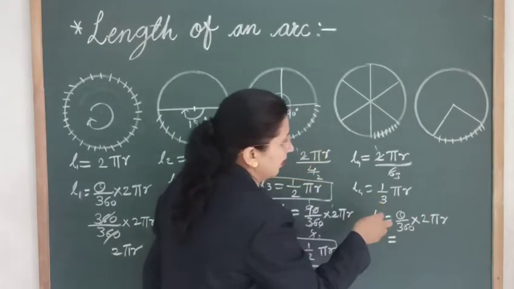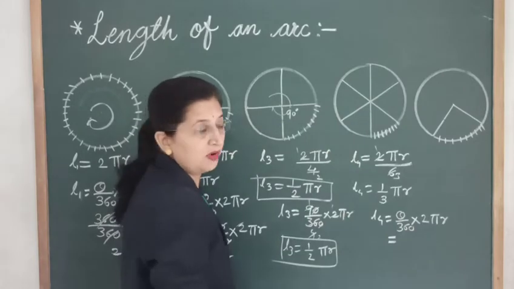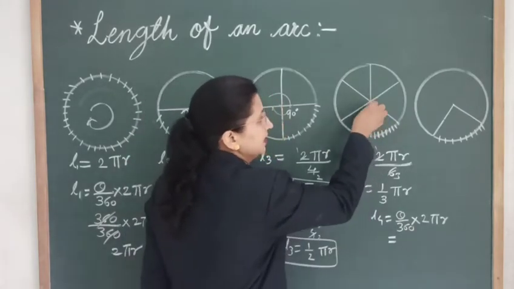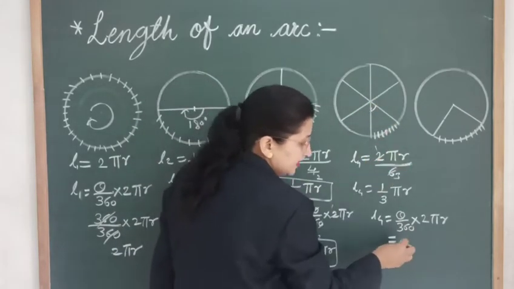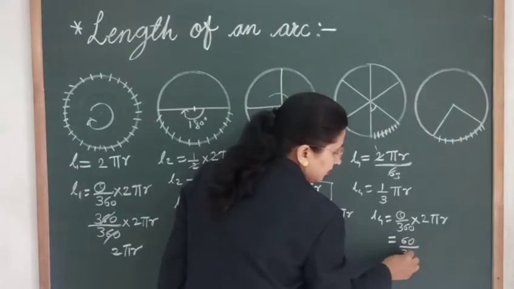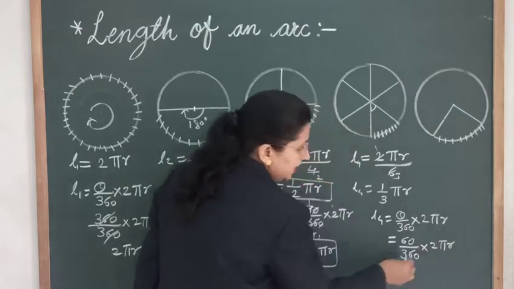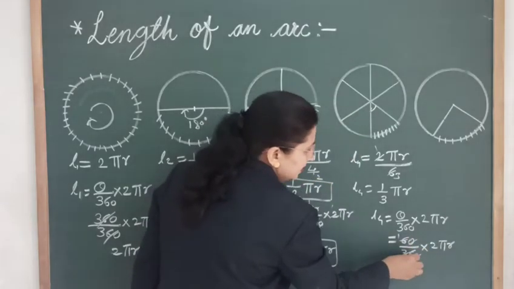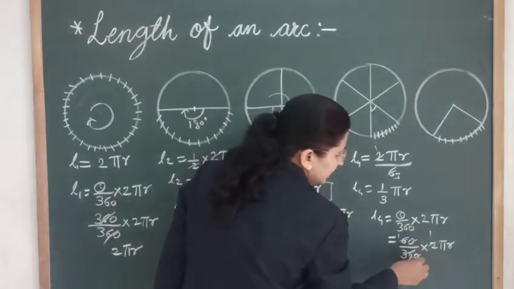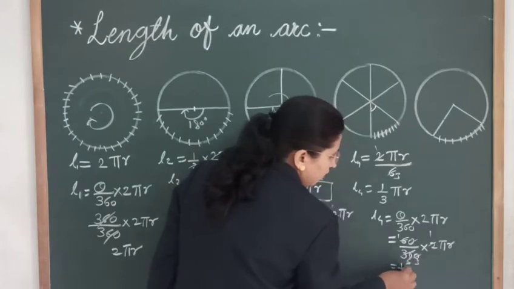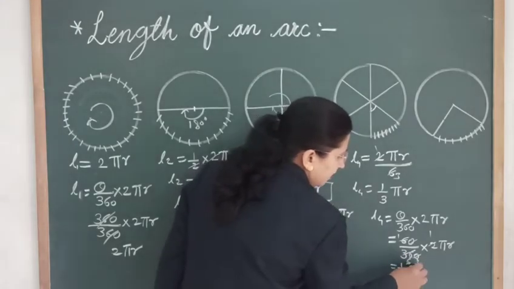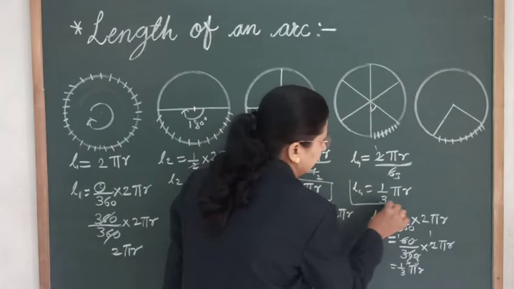So here the circle is divided into 6 equal parts, so each angle will be 60 degrees. 2 pi r, okay. So here 6 ones are 6, 6 twos are 12, 3 are... So we will get 1 upon 3 pi r.